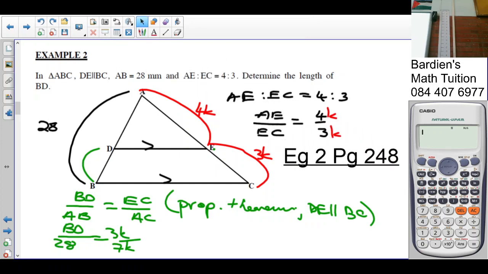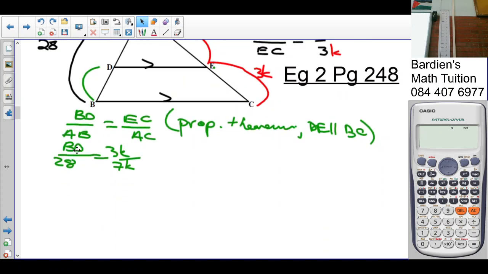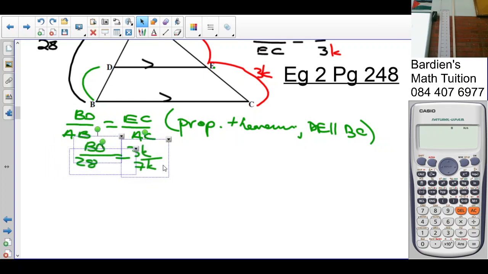Now what do we do? Cross multiply. Firstly, the k will cancel, definitely.